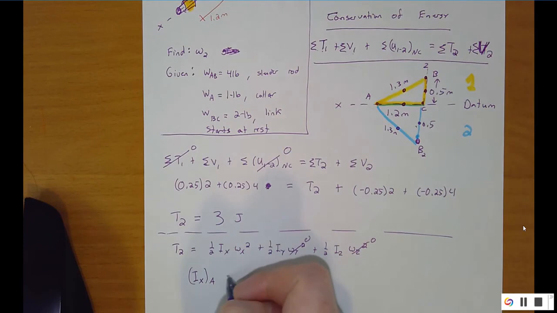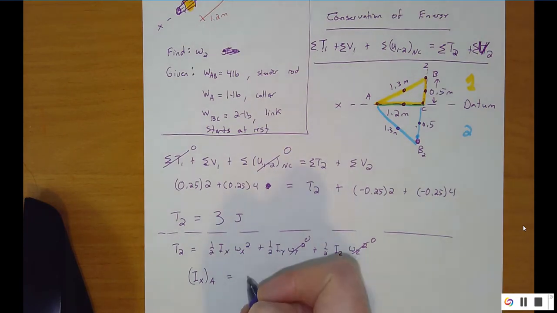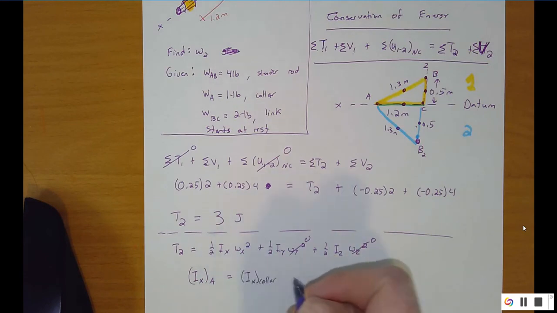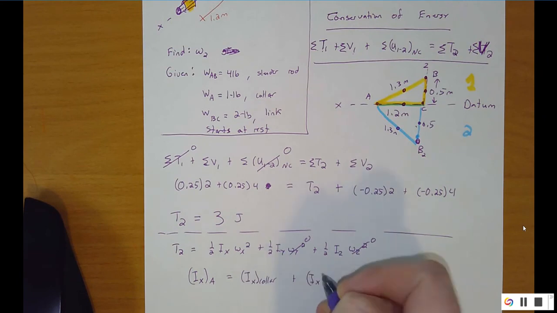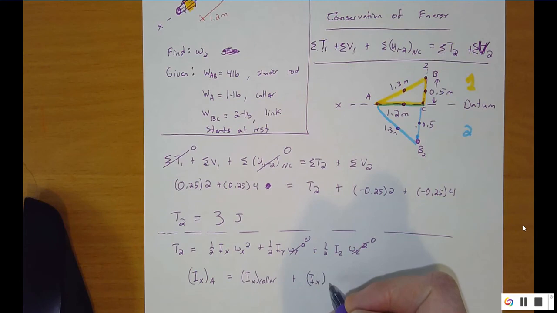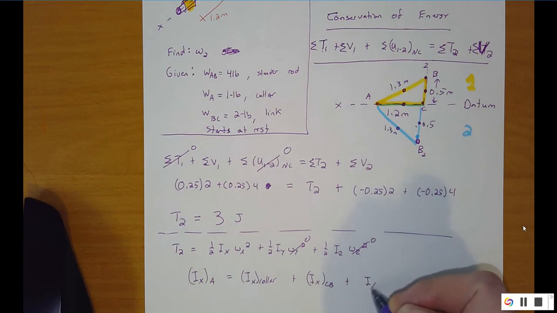So it's going to be the Ix of the collar plus the Ix of the linkage, we'll just call it CB, and then plus Ix for AB, and AB will be the one that's actually kind of weird and complicated.